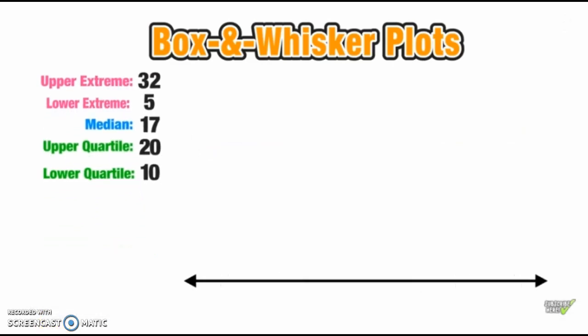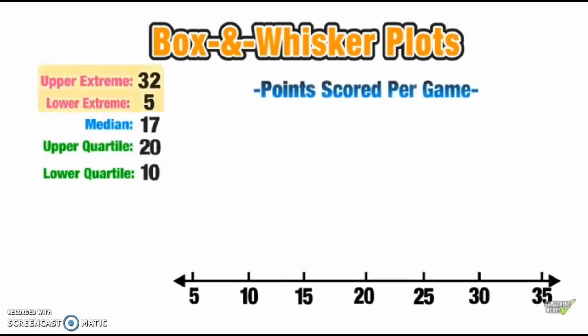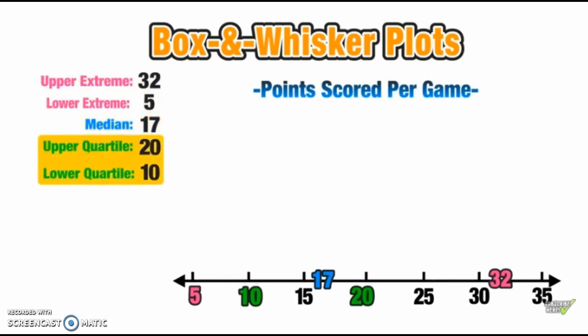So we're going to start with a number line that fits our data. Our upper and lower extremes are 5 and 32, as well as our median value of 17, and the values of the upper and lower quartiles. In this example, that's 20. So as these points are plotted above the number line, our first step is to construct two vertical lines through the upper and lower quartiles.